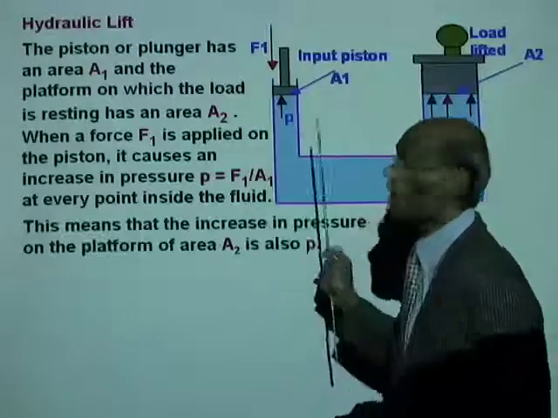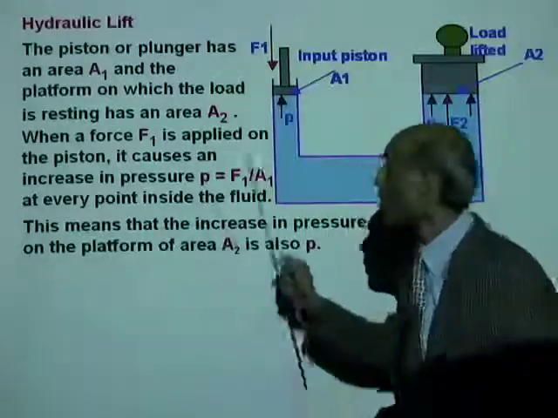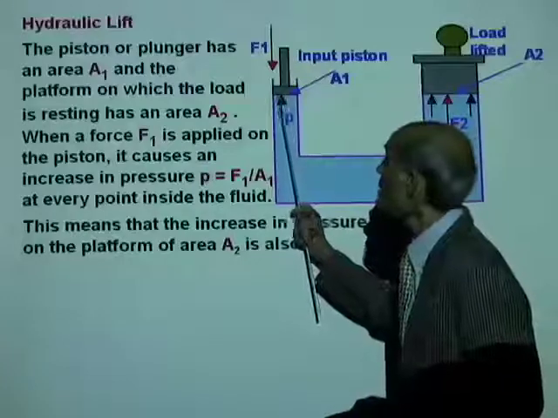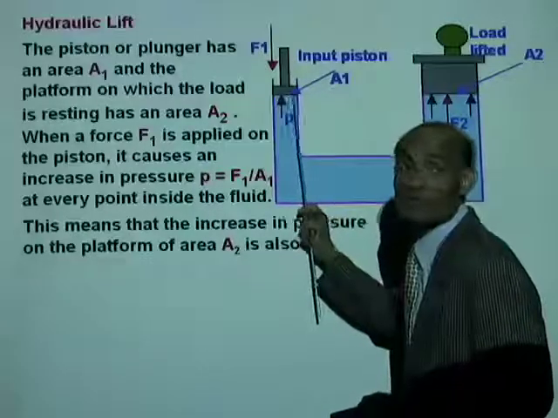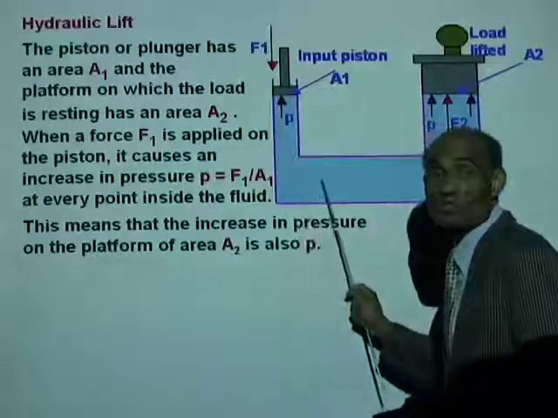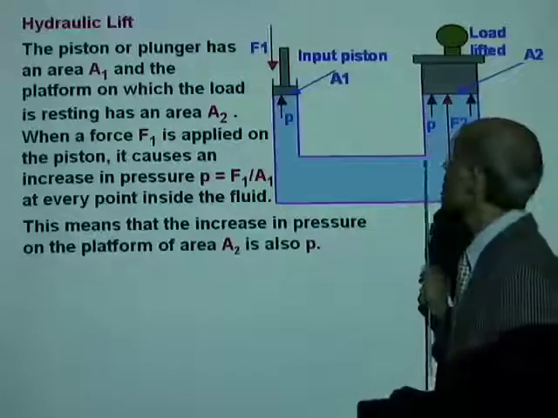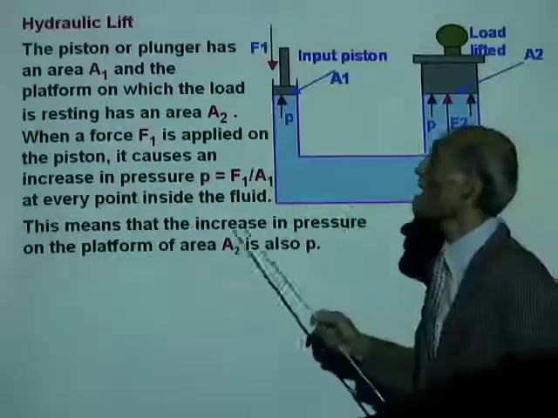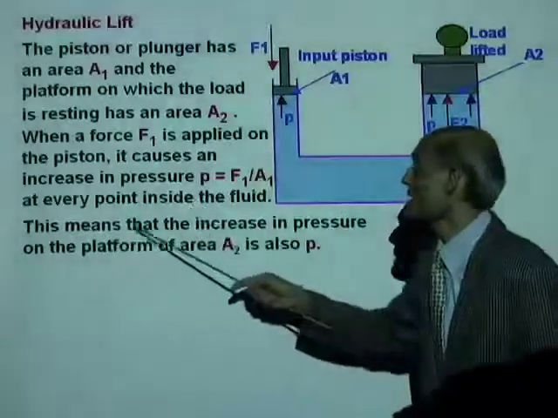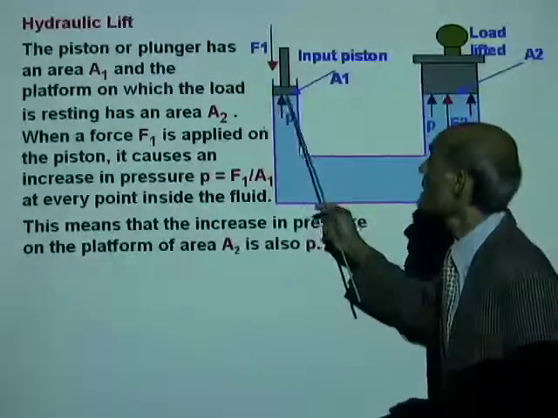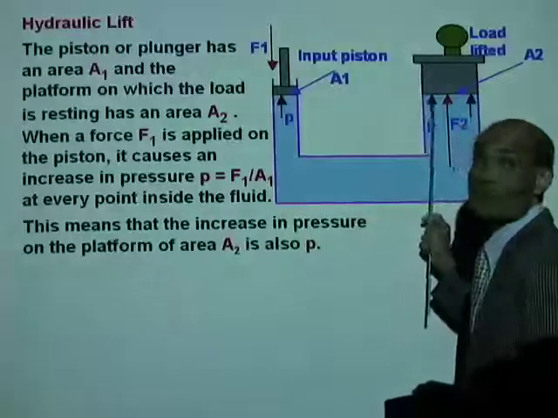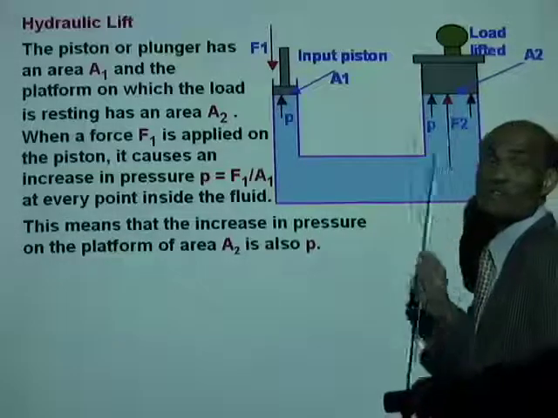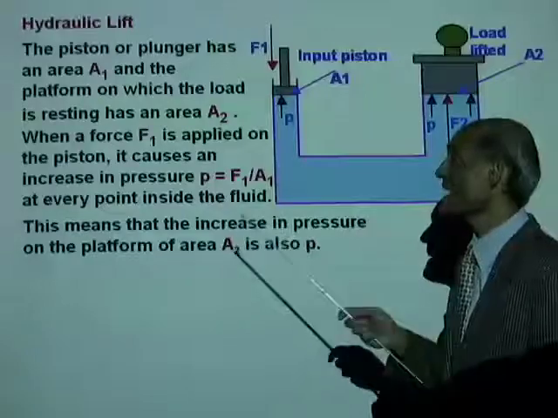Well, according to Pascal's law, an increase in pressure at one part of a fluid will be transmitted without change to all other parts of the fluid. So that means an increase in pressure here will be experienced by an increase in pressure on the other side as well.